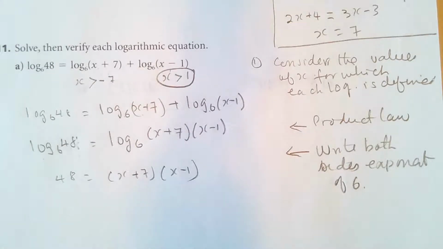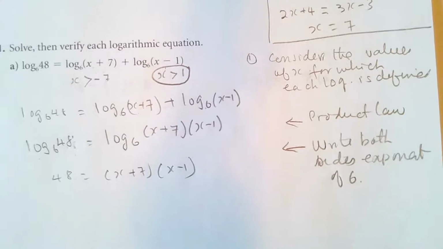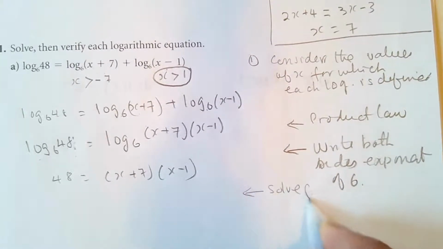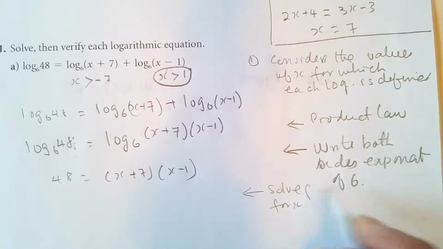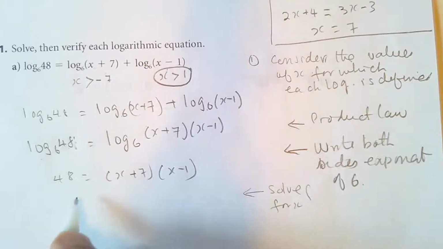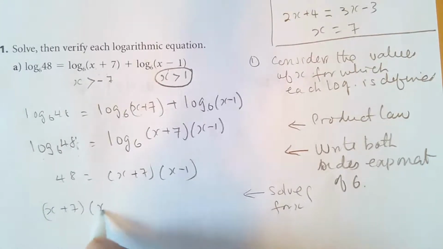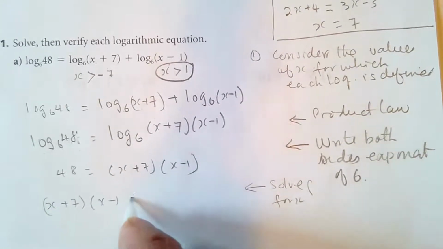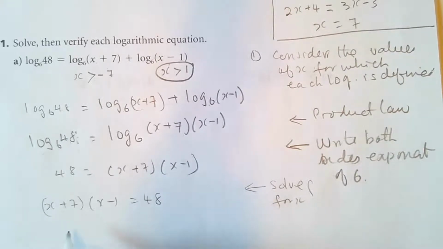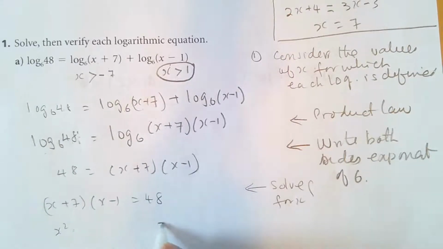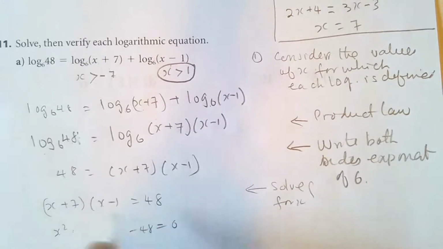Next, we will be solving for x. So I like to write it on one side. x plus 7 times x minus 1, so we have x squared, bring this over here, equals 0 minus 48.